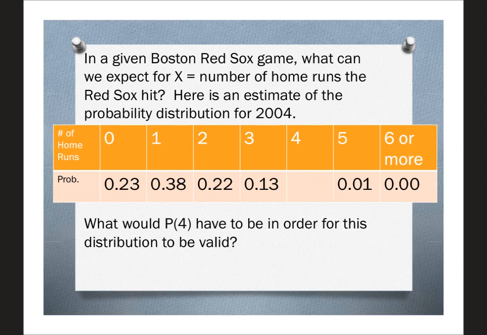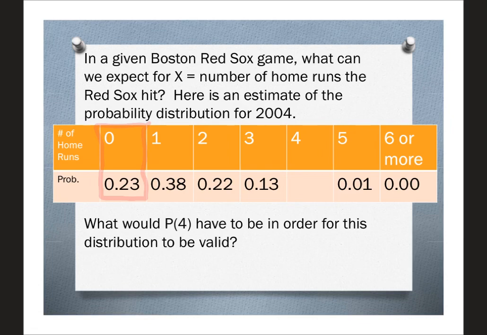Okay, so this is an example. The Boston Red Sox game, X is the number of home runs the Red Sox can hit. Here's an estimate of the probability distribution in 2004. The probability of them having 0 home runs is 0.23.